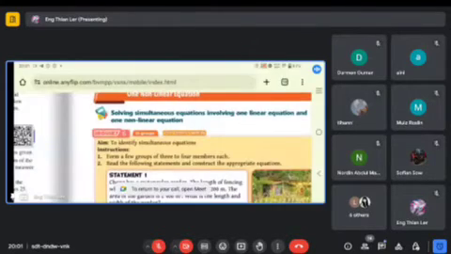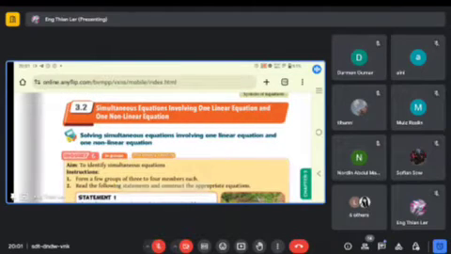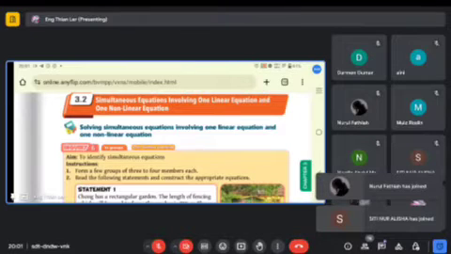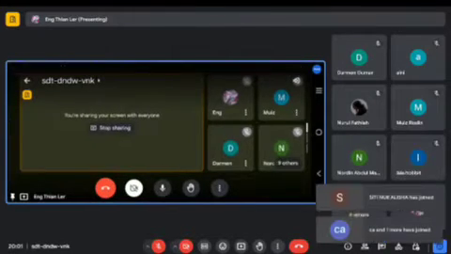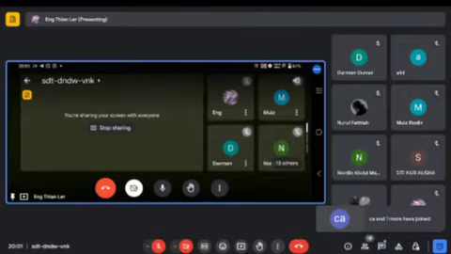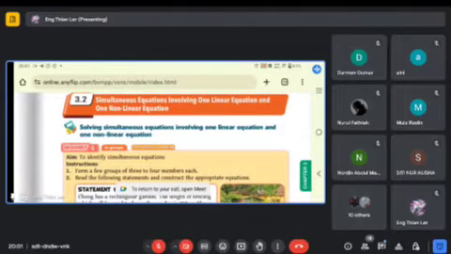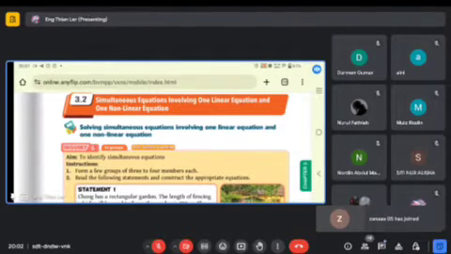So today, we will be learning simultaneous equations involving one linear equation and one nonlinear equation. Before I continue, does anyone know what a linear equation is? It's okay. A linear equation is an equation with a highest power of 1, for example, y equals 2x plus 3 or x equals 3y minus 2.